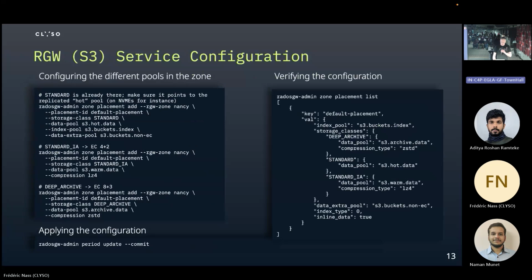Then with the new storage classes, you could bind them to the different pools that you've created, replicated or erasure coded pools, and also decide whether you want to use compression for the objects uploaded or transitioned to these storage classes. There's also this command that you can use to verify the configuration.